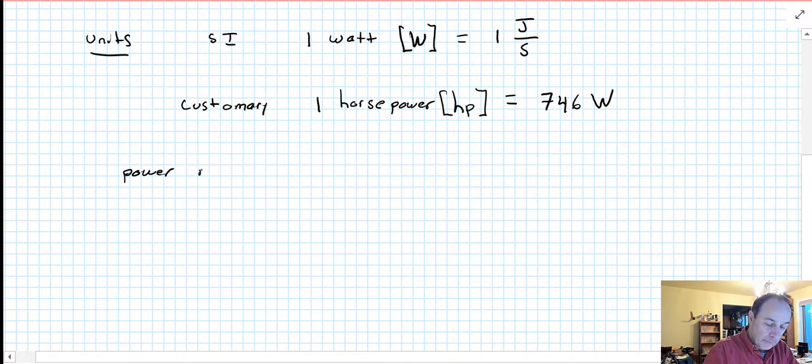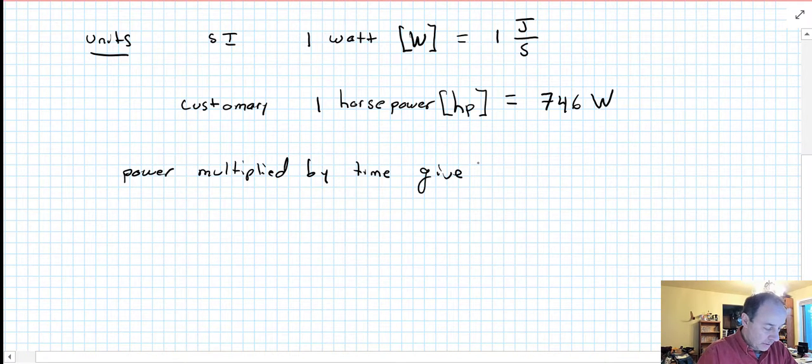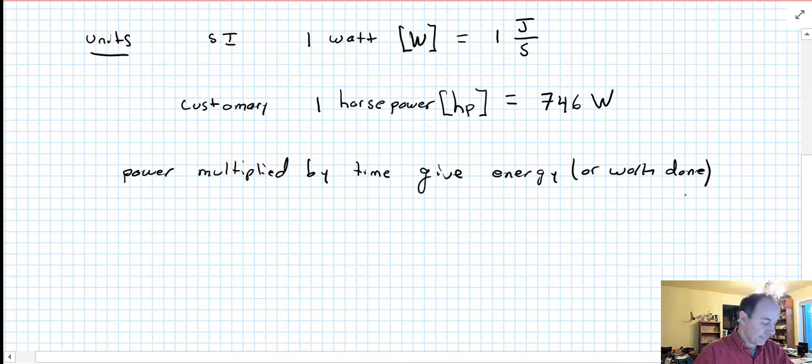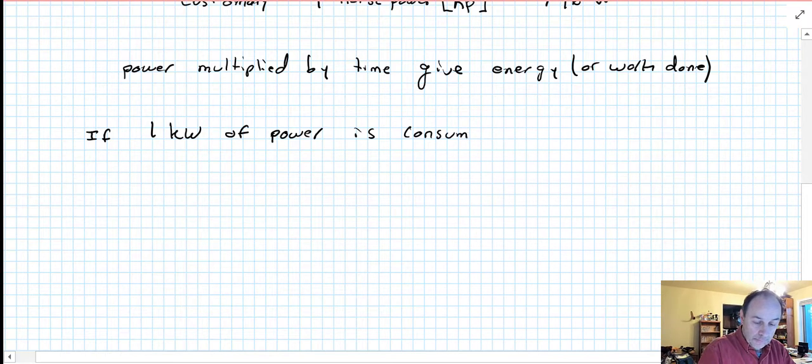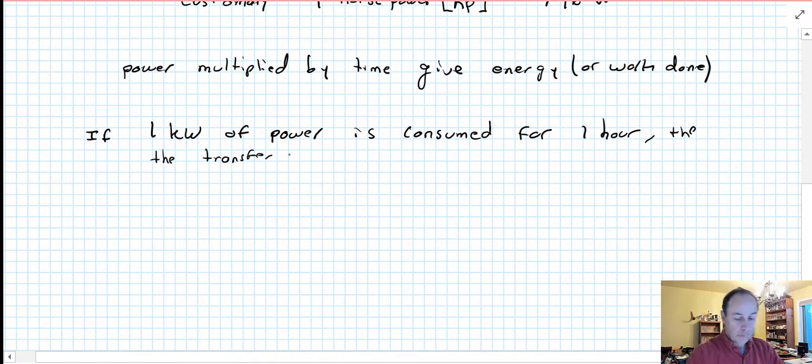Power multiplied by time gives energy or work. So, for example, if 1 kilowatt of power is consumed for 1 hour, the transfer of energy is going to be W, power times time.